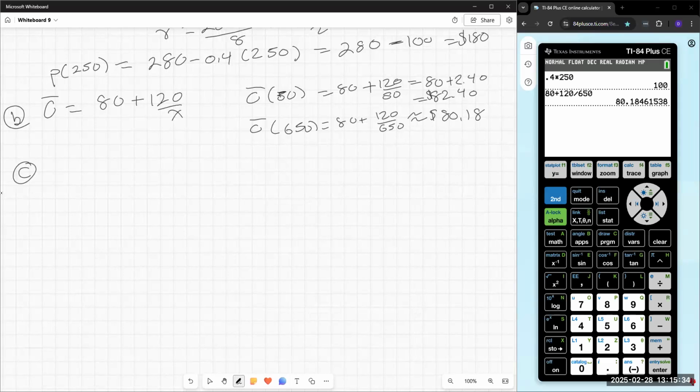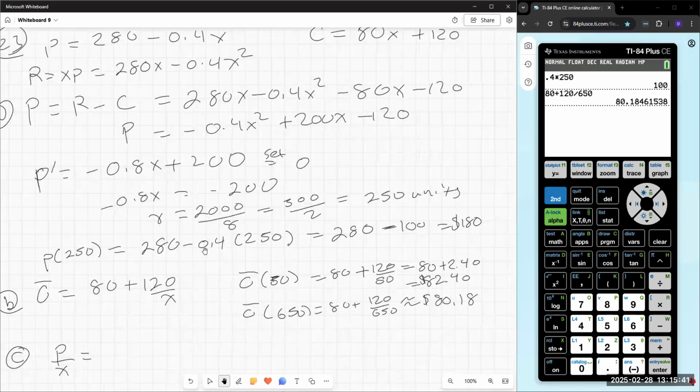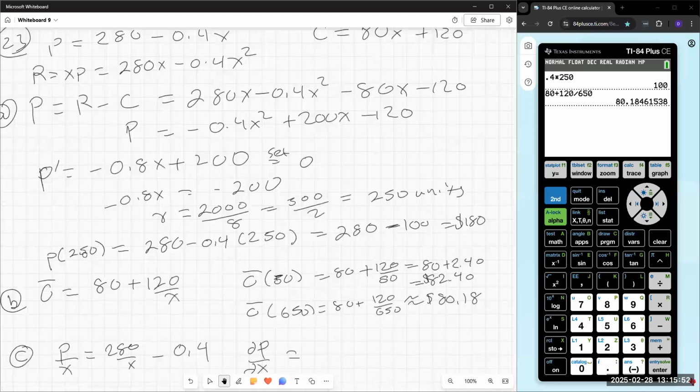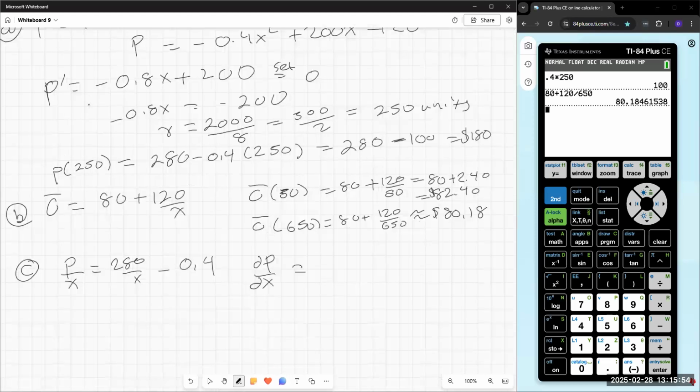For C, we need to find P over x. So that's 280 over x minus 0.4, and dP dx is going to be negative 0.4.